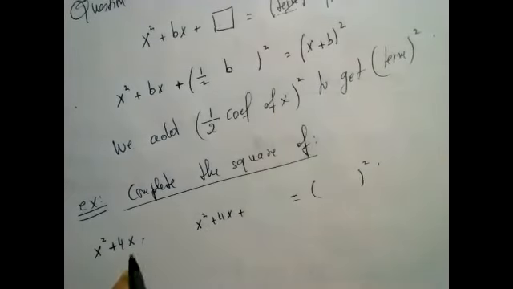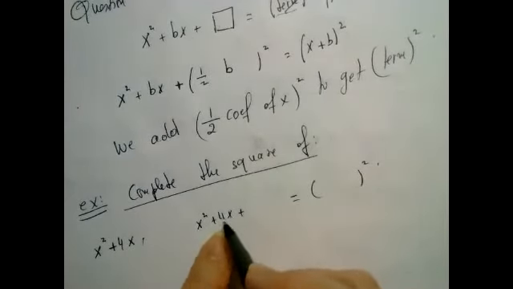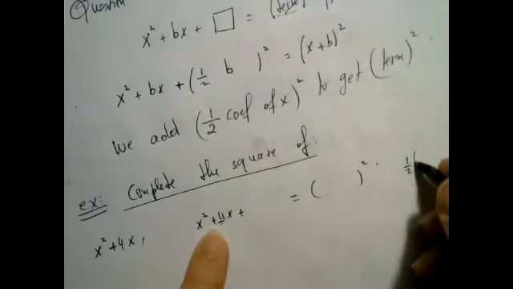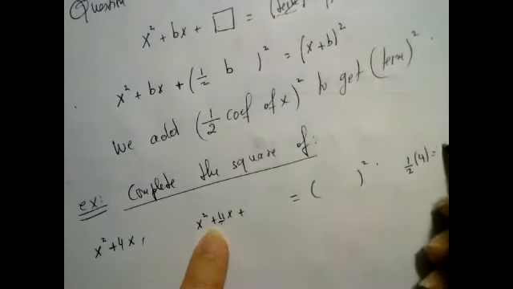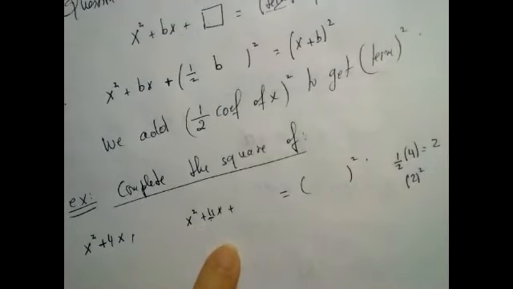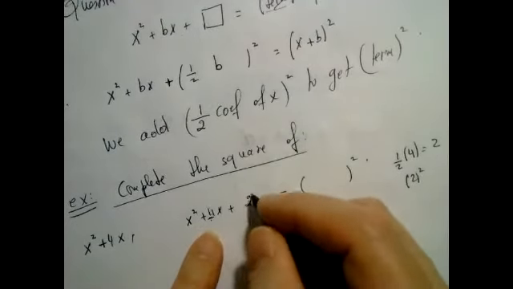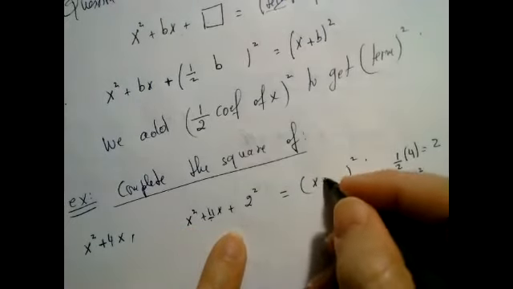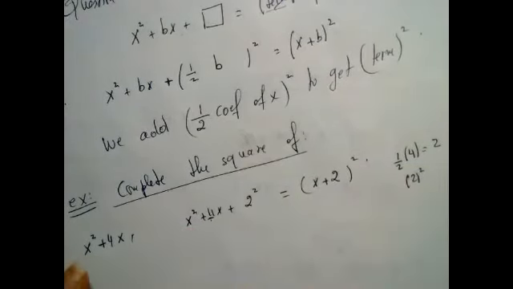The algorithm tells me that this is x, this is the b. You take half of b, which is equal to 2, you square it, and you add it. And if I do that, this will give me x plus 2 squared.